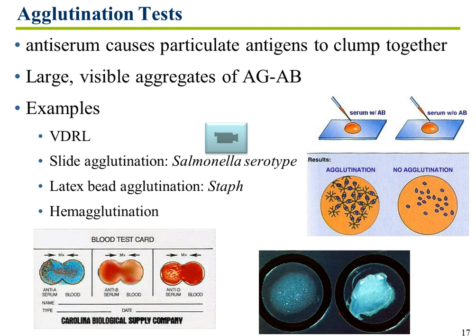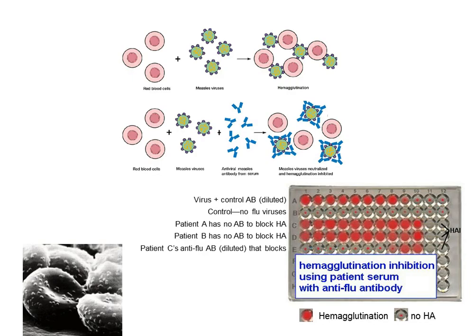Okay. Here's another example of agglutination. This is called a hemagglutination test. And in this situation, again, you've got an antigen and an antibody that react together, but thrown into the mix are red blood cells, which give you a much more apparent reaction.